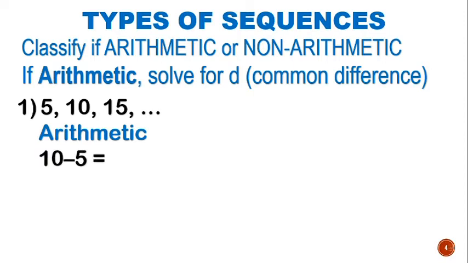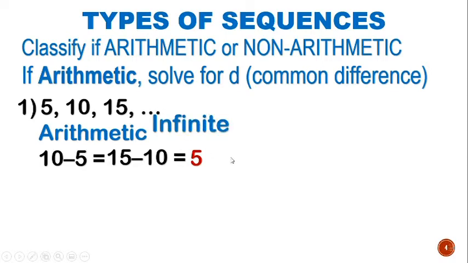So 10 minus 5, then 15 minus 10. Both of those two will be equal to 5. So, that's an arithmetic. At since tutuloy-tuloy siya as signified by these three dots or what you call ellipses, it's what you call an infinite sequence. Infinite. Ibig sabihin, wala siyang last term.